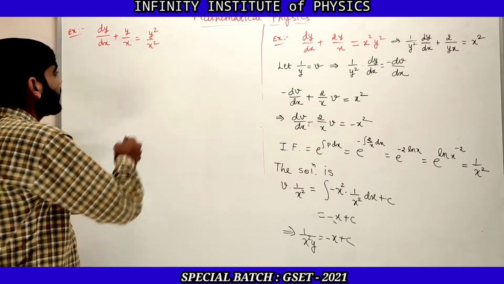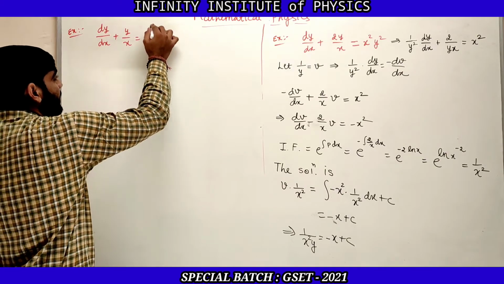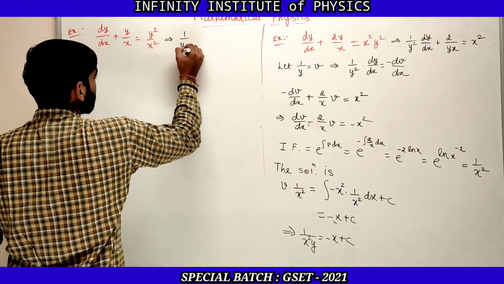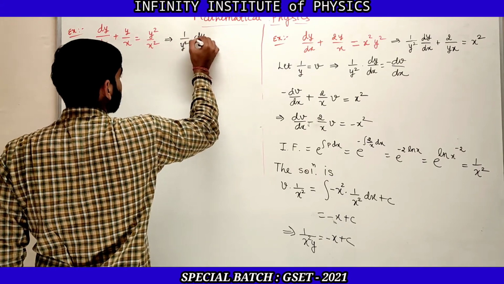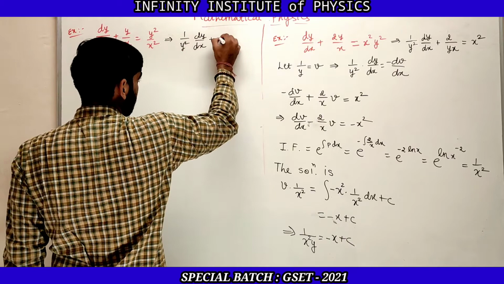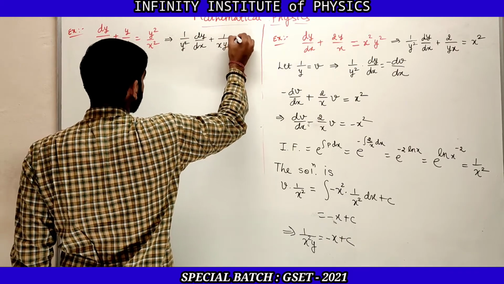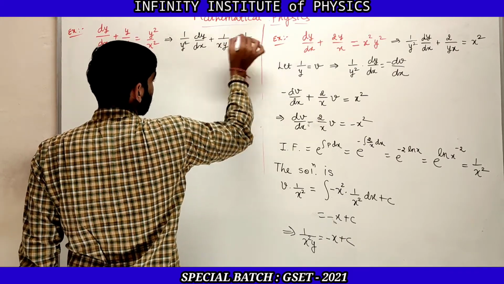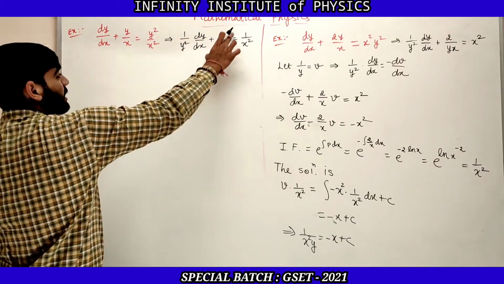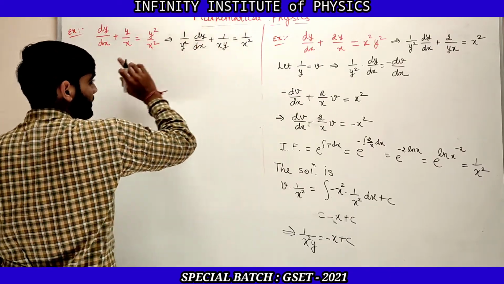Now again let us divide this equation by y square, then it can be written as 1 by y square dy by dx. Now y by y square is only 1 upon y, so plus 1 by y into x, which is equal to 1 by x square. Now let us assume that 1 by y is equal to v.